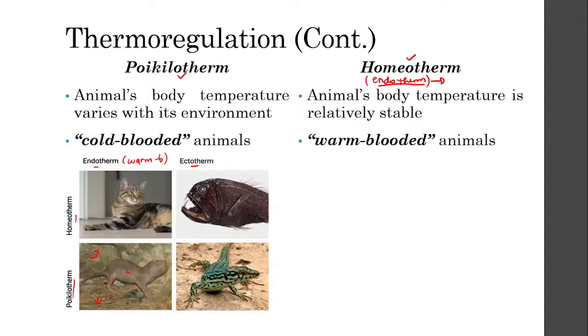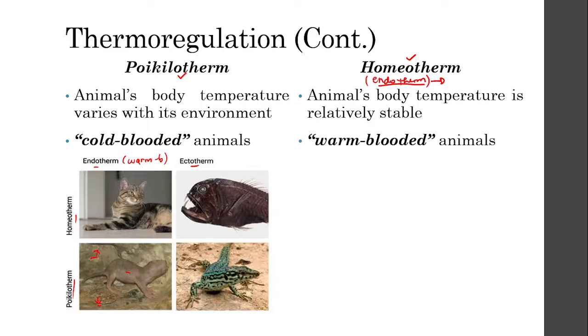The temperature inside the body of the fish does not usually change, simply because the temperature in their environment does not change. So they are ectotherms, but since their body temperature does not really change that much, because the temperature of their environment does not change that much, they are homeotherms.